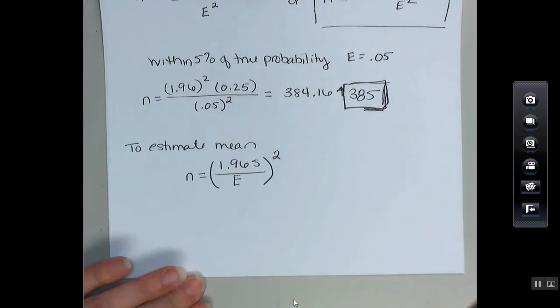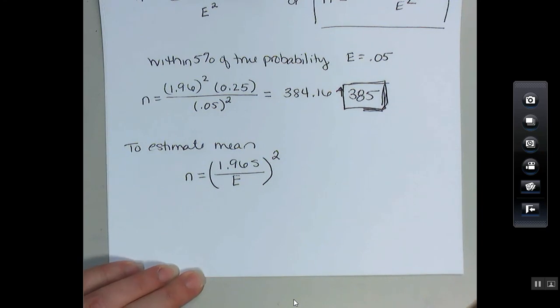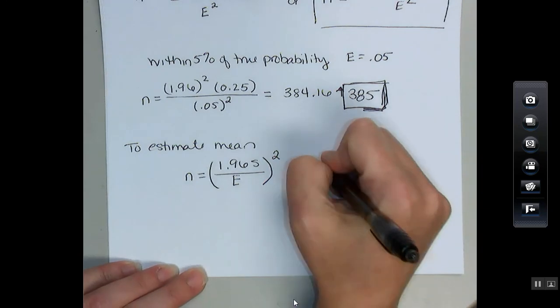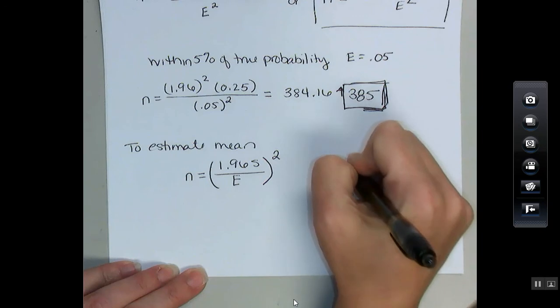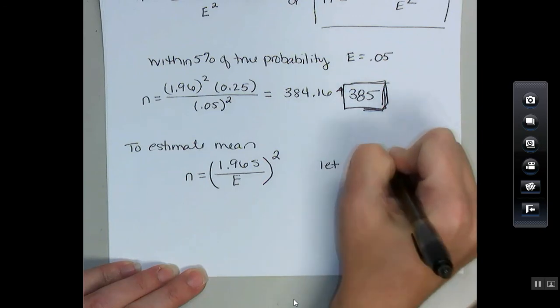Now, what do we want to use for E? How close do we think Sanjay wants to be? He's estimating his monthly salary. So let's say he wants his monthly salary to be, I don't know, within $1,000 of the true value.